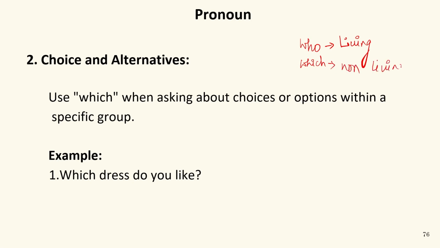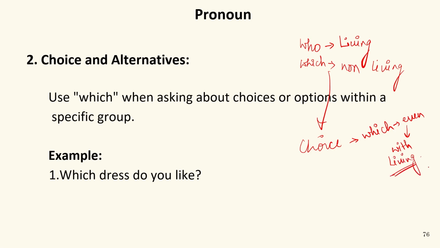But in case of choice, we use which even with living beings. If we talk about living things, we can use which even with living things in case of choice.